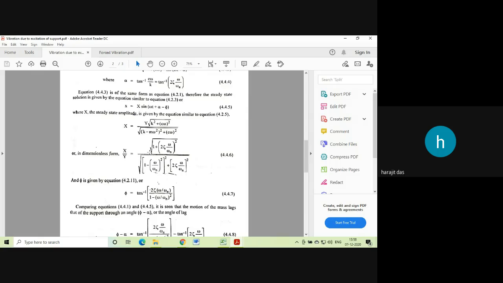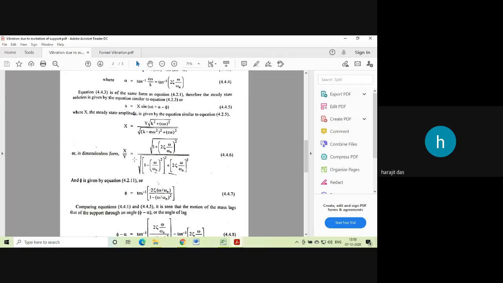Or the complete system moves as a rigid body at very low frequency.